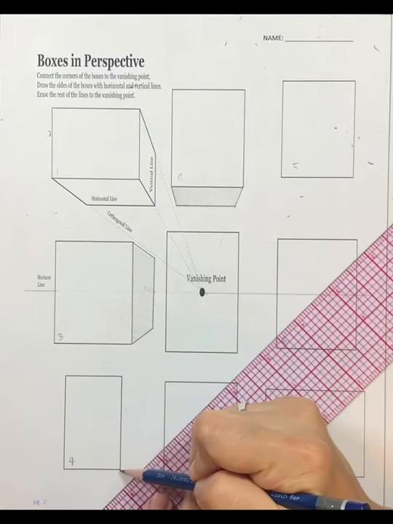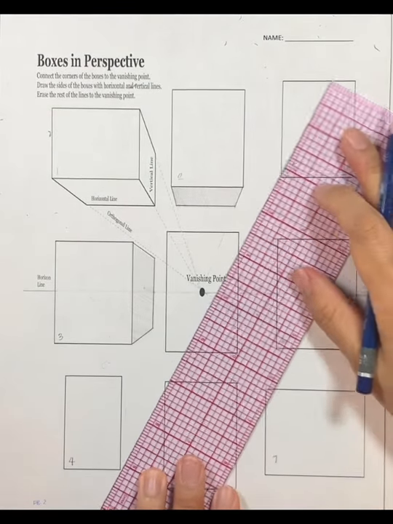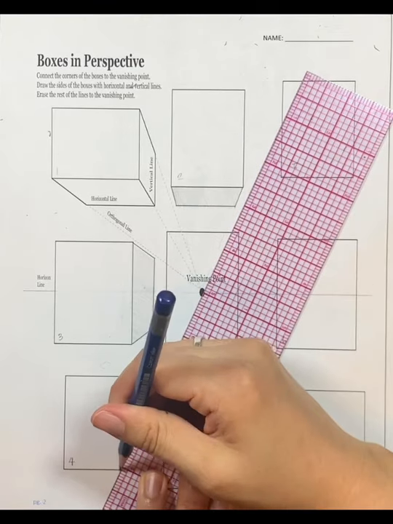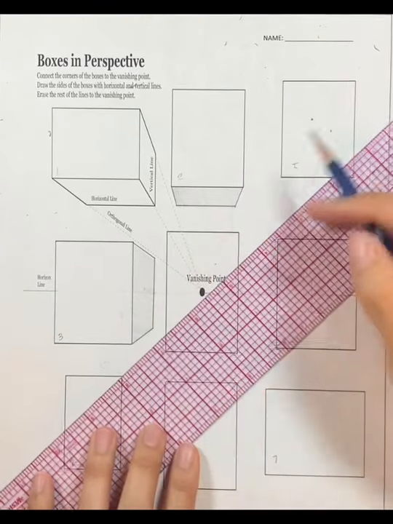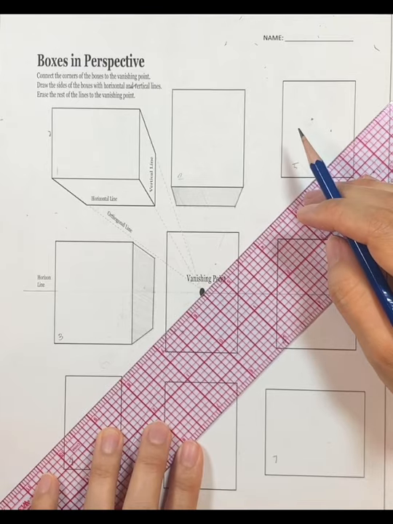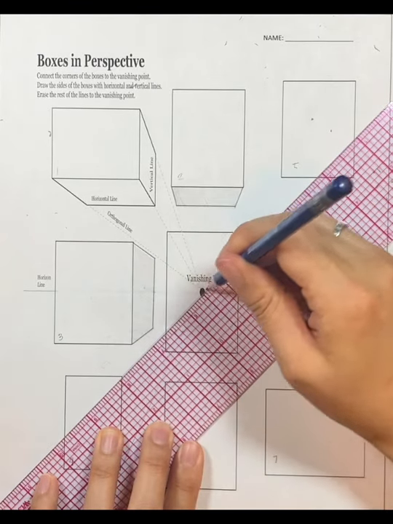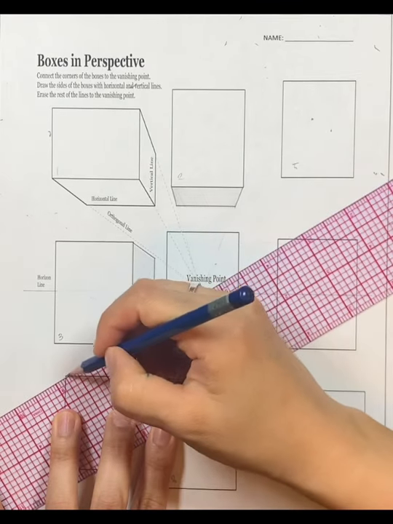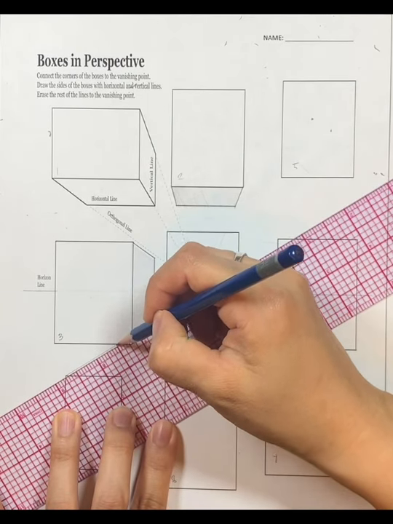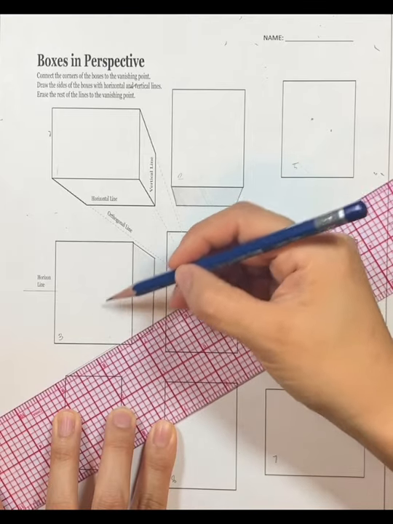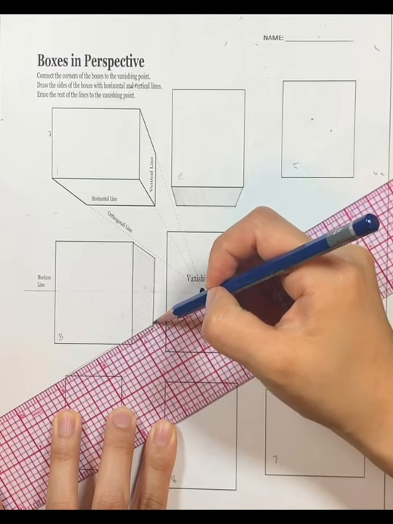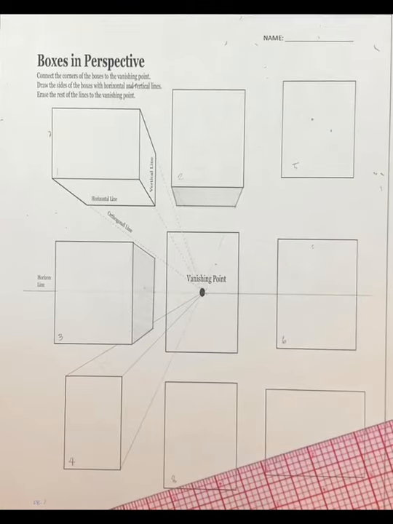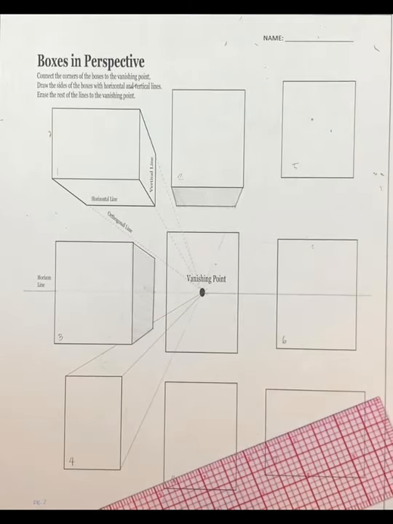I'm going to connect the bottom corner to the vanishing point, and this corner to the vanishing point, and this corner to the vanishing point. Now, as I'm drawing, I notice that it's going to interfere with this box. I'm just going to draw under it rather than over it, so that I don't have to redraw this box later.